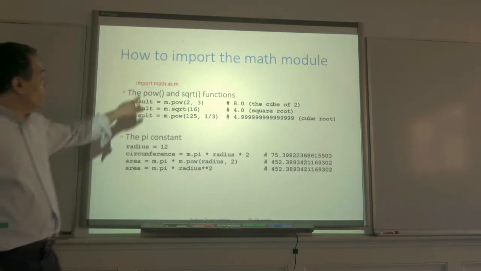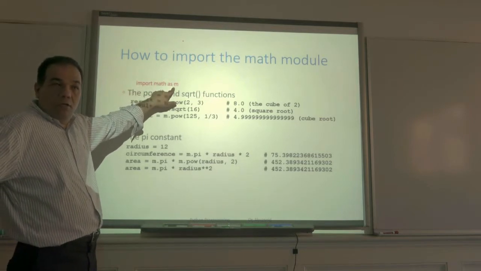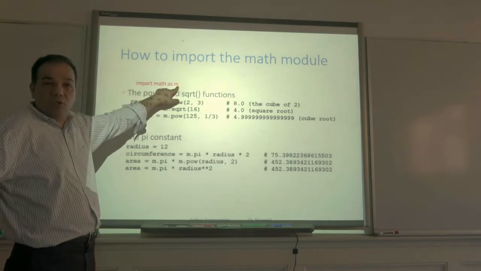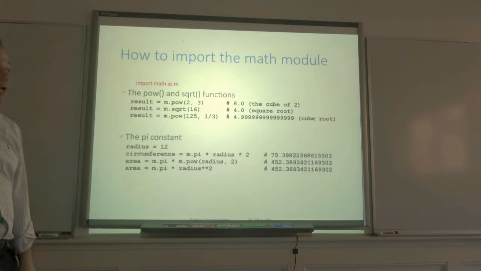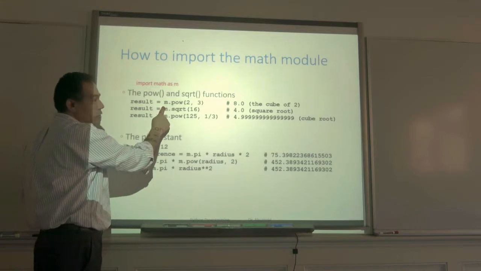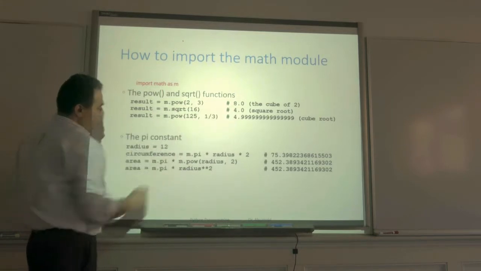Or you could have a shortcut, import math, and you give it a name. You could give it as M, as Abu Zunaid, as John, as whatever you like. And then from now on, you could use the m instead, the shortcut. So m power 2 to 3 will give you 8, and so on and so forth, right?